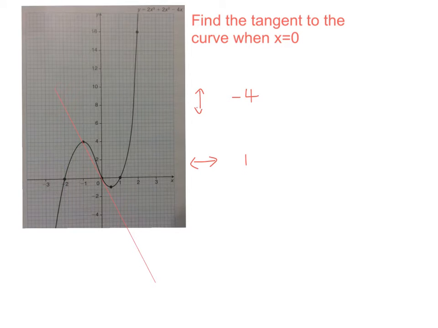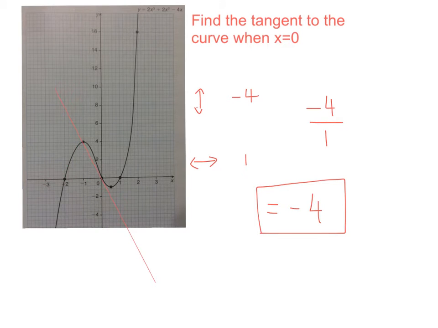Now when you're choosing your points, make sure you pick points that are easy to identify, so that where your line is crossing lines on the graph paper. So it's now simply difference in y, so difference in up and down, divided by difference in x, so difference in how far along it's gone. So the gradient here is -4.